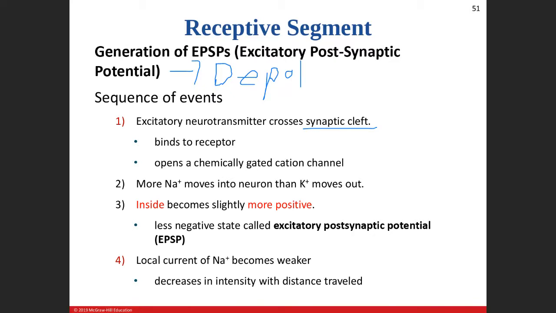When it finds that receptor and binds to it, that's the stimulus that opens up that chemically gated channel. That chemically gated channel is going to let a specific type of cation move either into the cell or out of the cell.